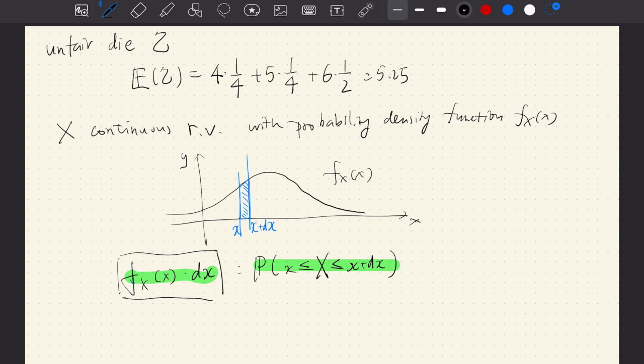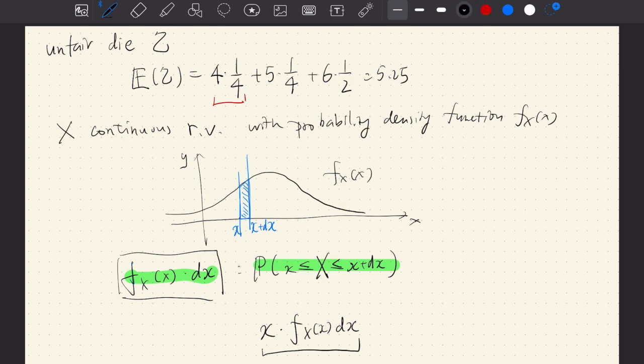So we can multiply x by the probability, which is f_X(x) dx, and this constitutes one of the terms, like in the discrete variables, right? So we want to add up all these terms to get our expectation value.